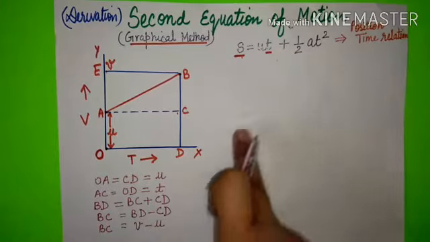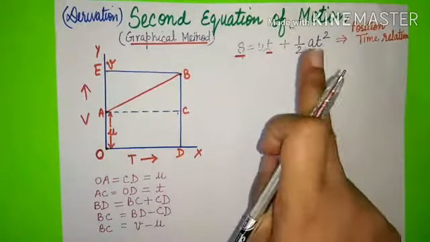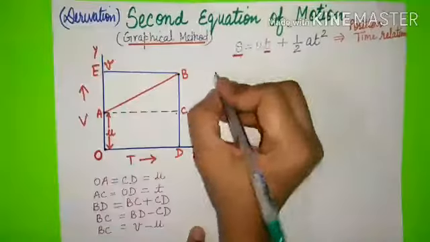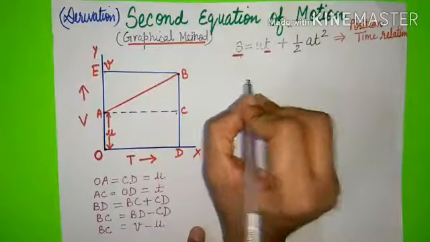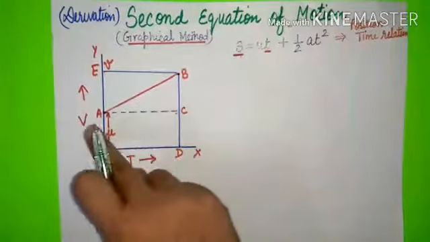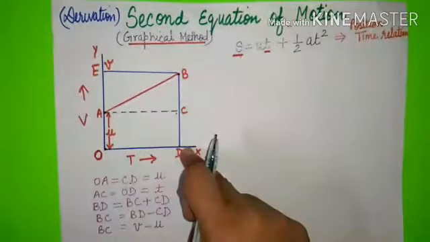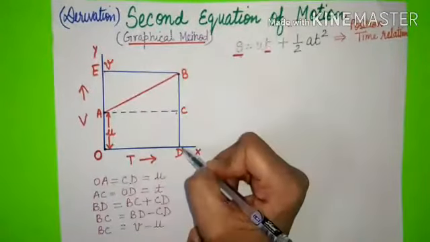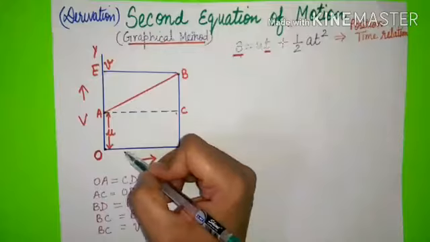To derive the second equation of motion, we start with one statement that you are all aware of: if we have any path in a VT graph, the area under this path is equivalent to displacement.